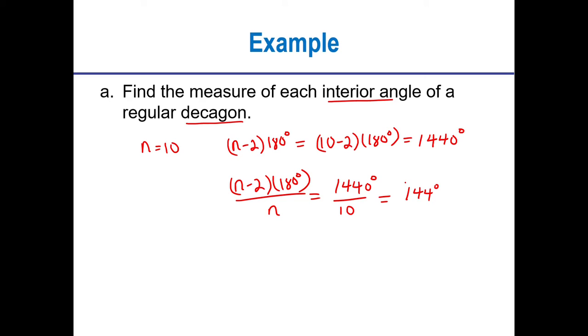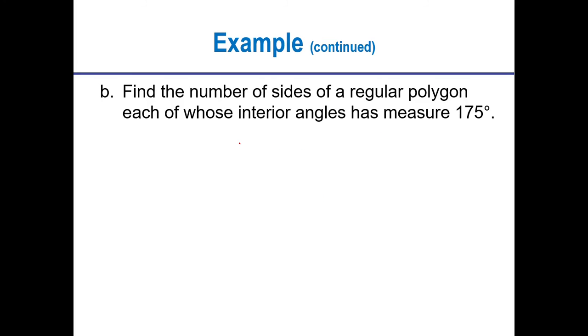Find the number of sides of a regular polygon, each of whose interior angles has measure 175 degrees. I know that the interior angle measure is given by the formula (n minus 2) times 180 degrees, over n, and we're going to set this equal to 175 degrees.